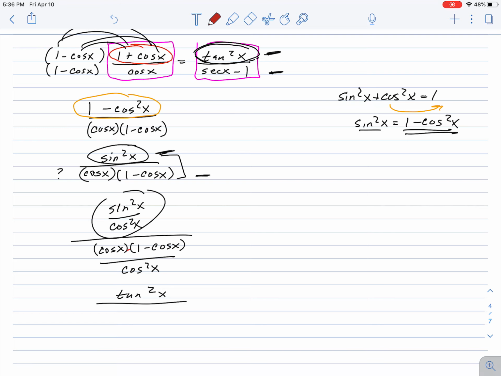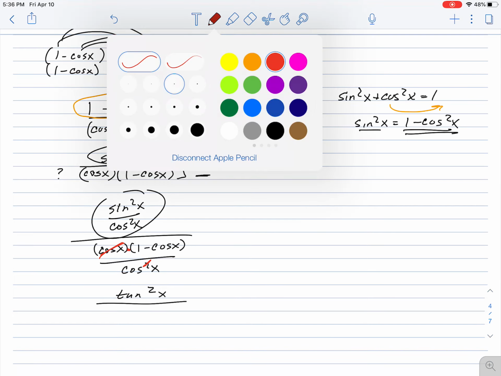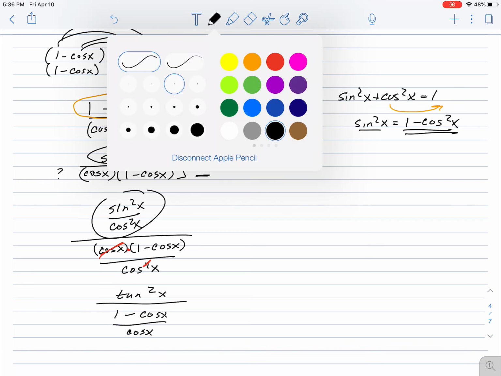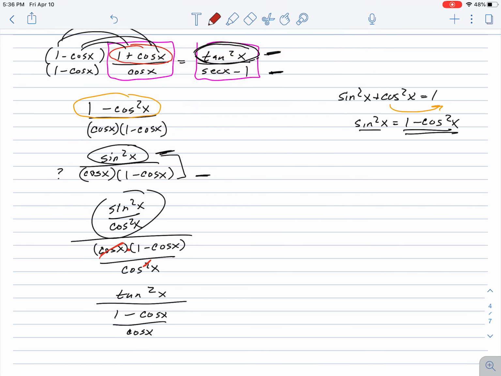Well, it's all factored, so this cancels with one of these, and I'm left with 1 minus cosine x over cosine x. I don't want to flip this up because I don't want to mess up the tangent that I have upstairs, which is exactly like I want it.